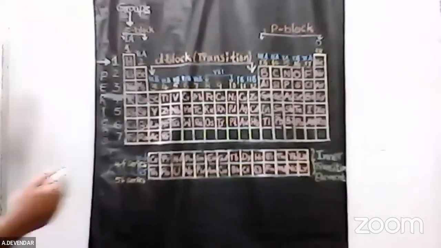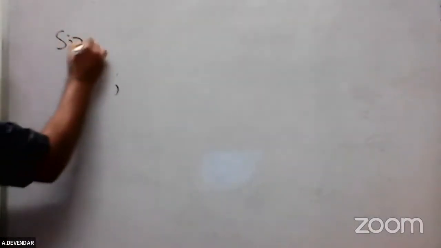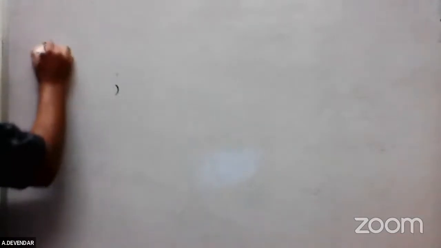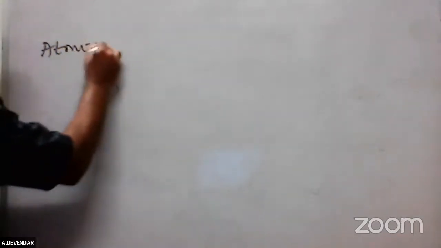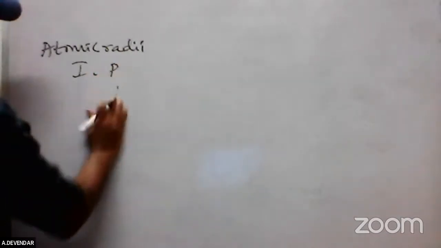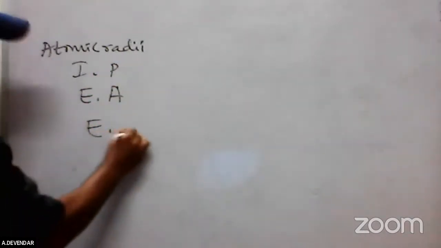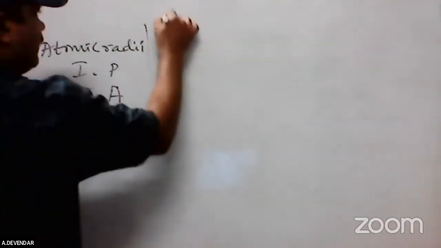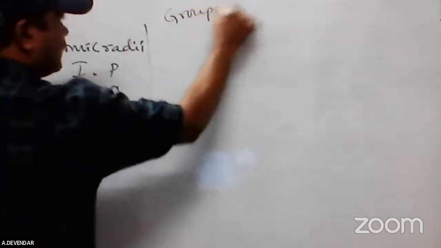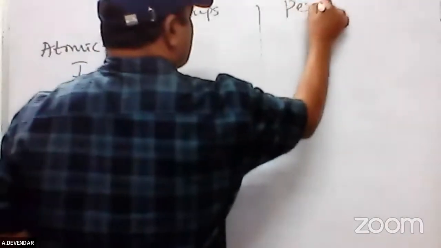I will write the properties: size, that means atomic radii, ionization potential, electron affinity, electronegativity. Okay friends, I am writing down the groups and the periods.